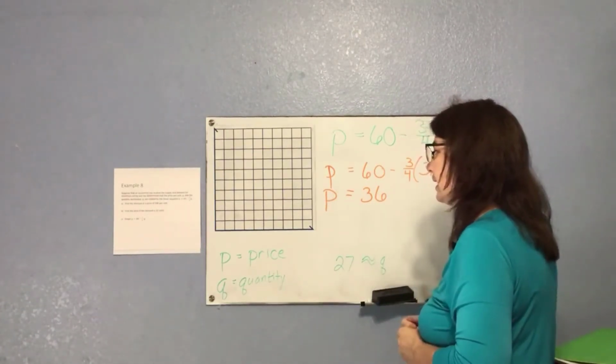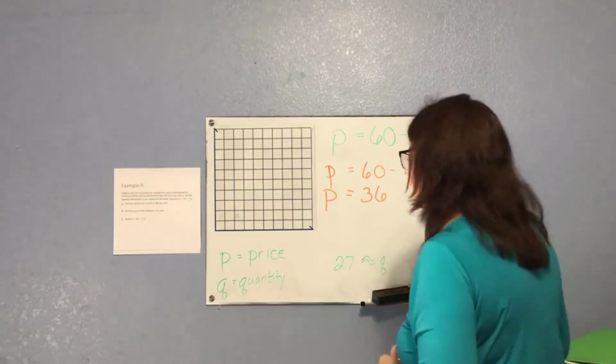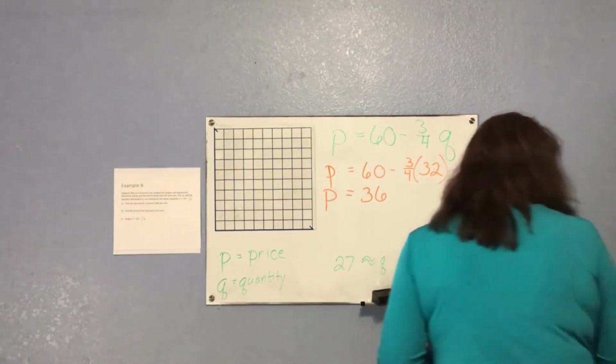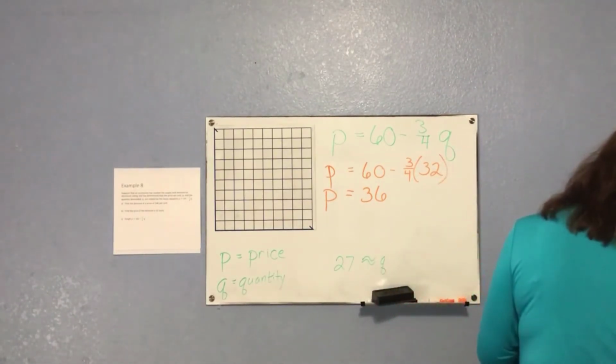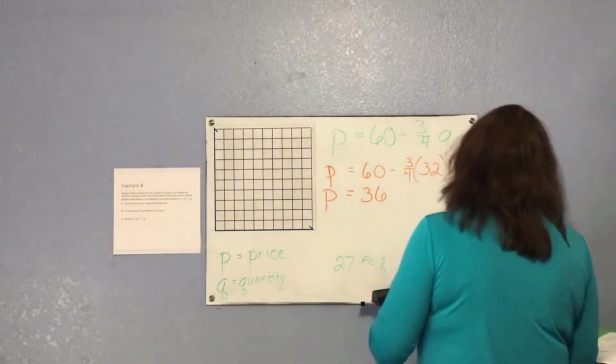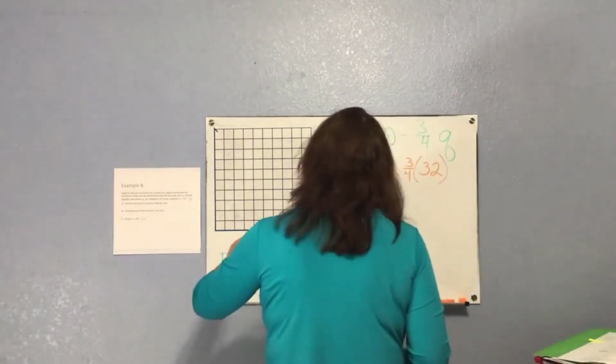And we are asked now to graph P equals 60 minus 3/4 Q. So to graph that, I'll put quantity on the horizontal axis.